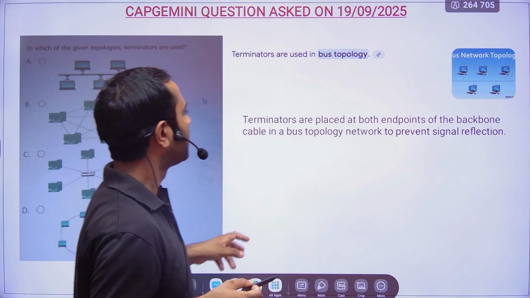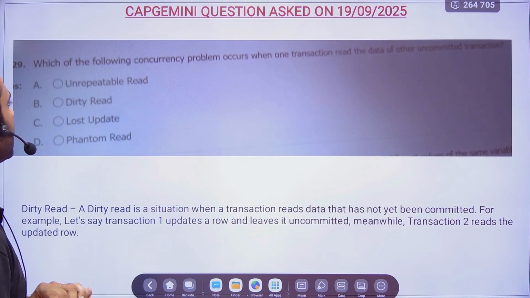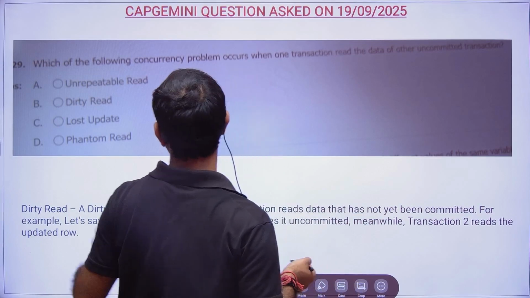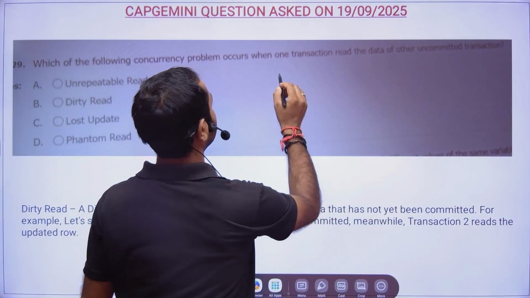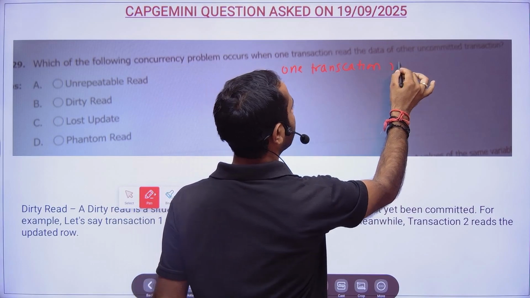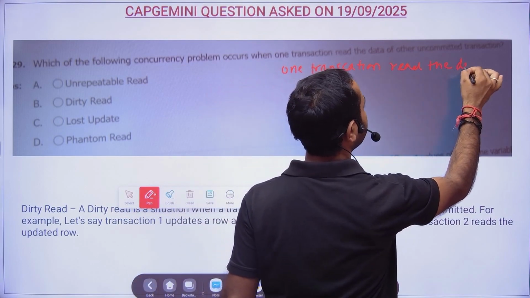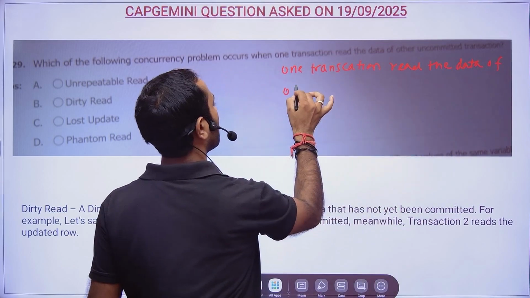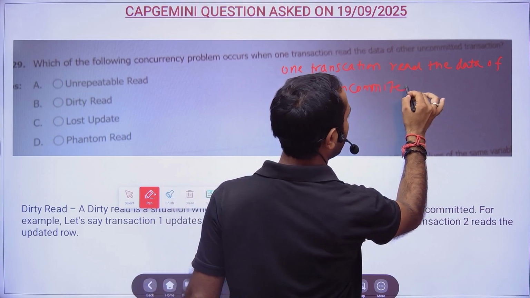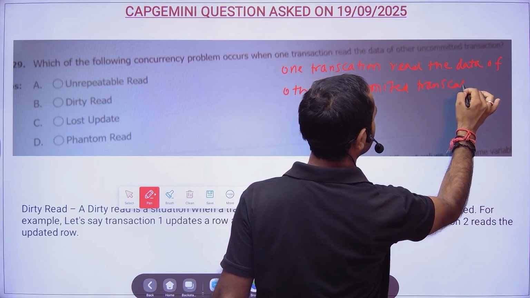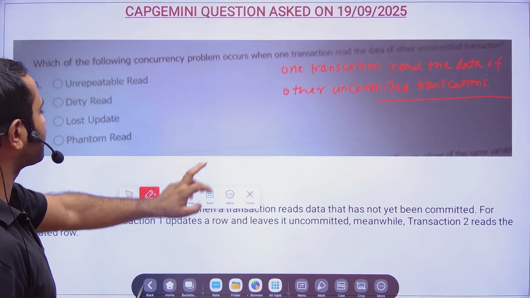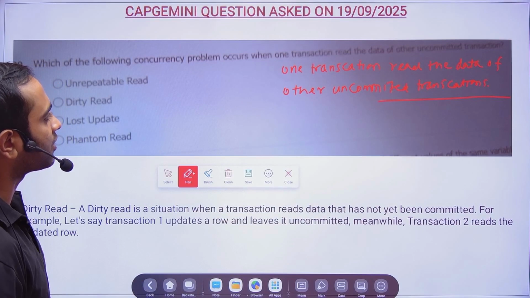Okay, fine. Now, the next question is, friends, which of the following concurrency problems occurs when one transaction reads the data of other uncommitted transactions? Here you can see the options: which of the following concurrency problems occurs when one transaction reads the data of another uncommitted transaction.